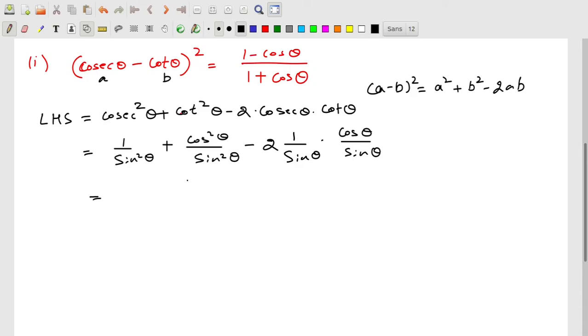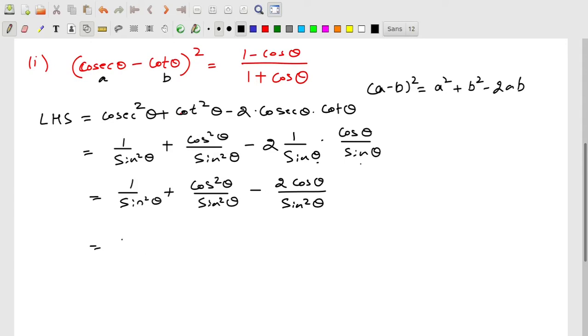So now if you simplify this, you will get sine square theta in the denominator. Let me write it here: 1 by sine square theta plus cos square theta by sine square theta minus 2 cos theta in the denominator, product of these two, that is sine square theta.